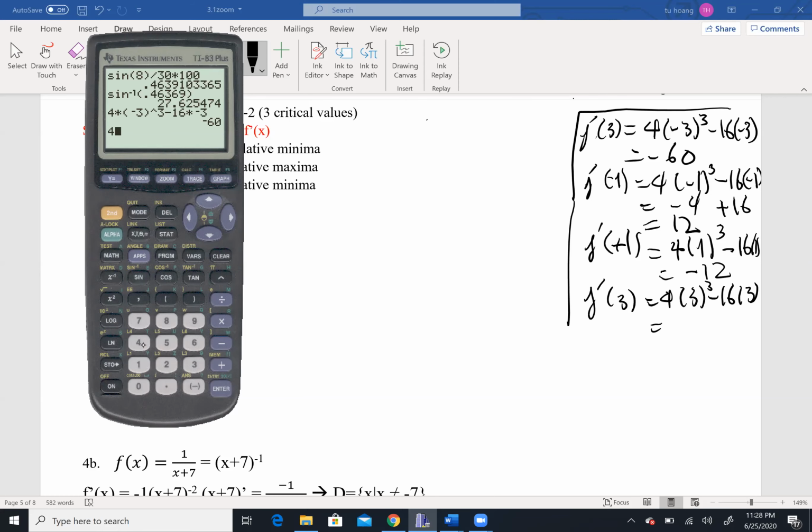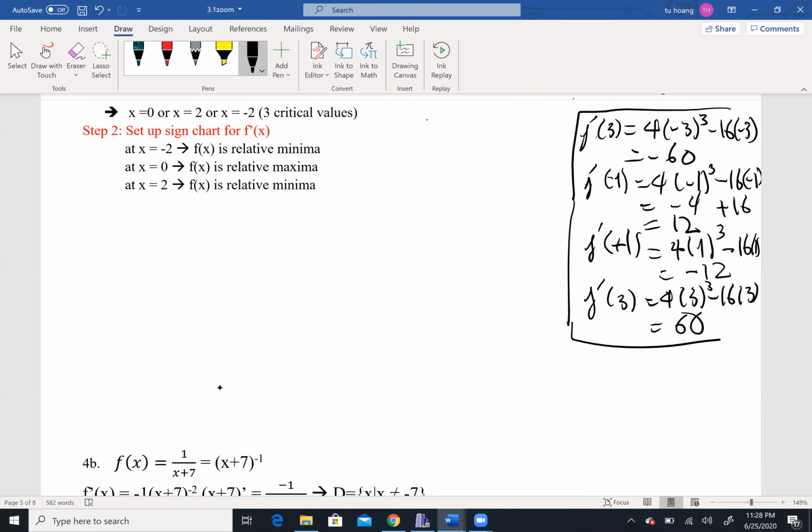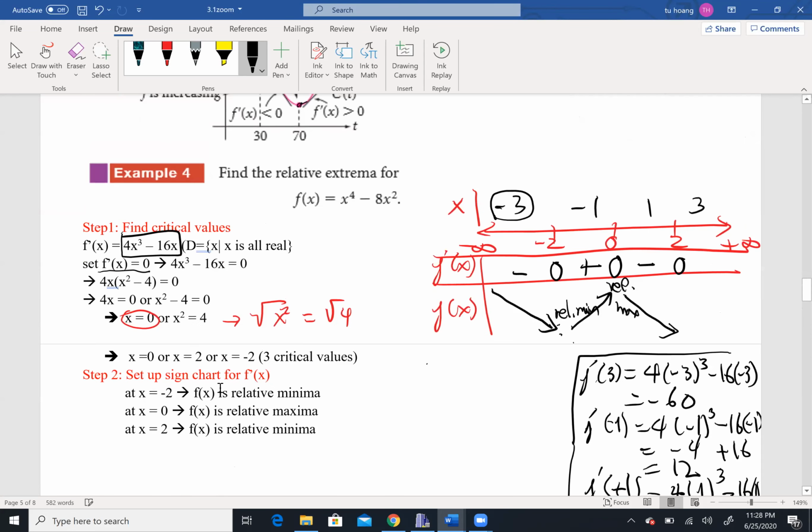So I have 4 times 3 to power 3 minus 16 times 3, and I will have 60, and that is also greater than 0. So I have greater than 0, positive, and it's going up because f prime of x is positive. So I'm gonna have f of x in here at x equals 2. That will give me a relative minimum.